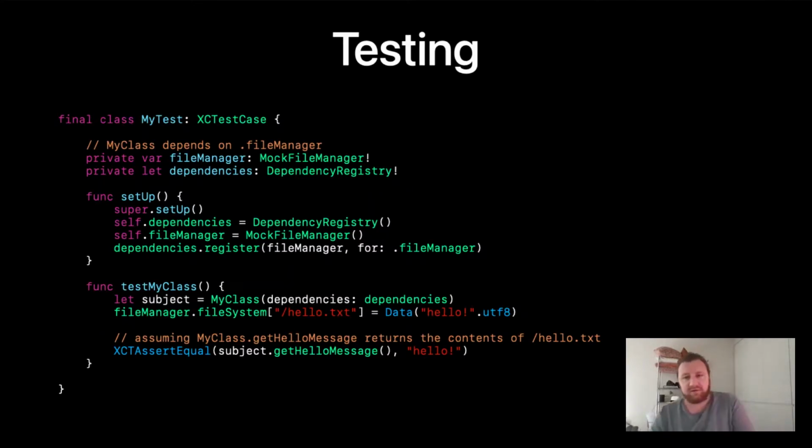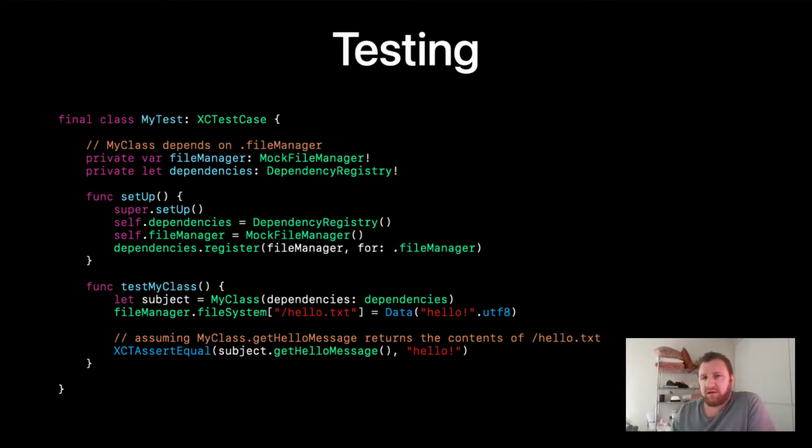So an example of testing for that. Let's assume that we've got a my class. Probably should have continued the tester examples here again, but we assume that my class has a dependency on file manager. So it has that at dependency.fileManager, the property.